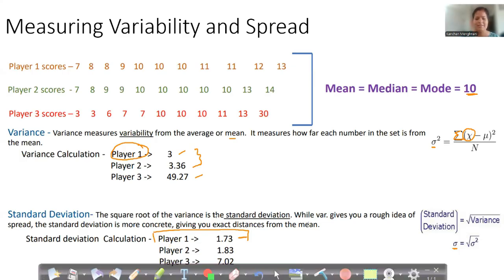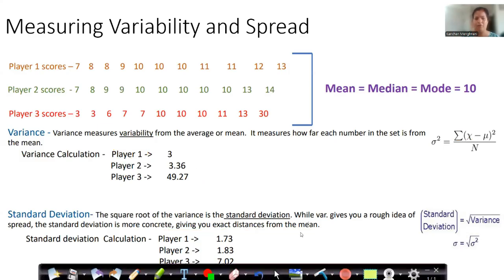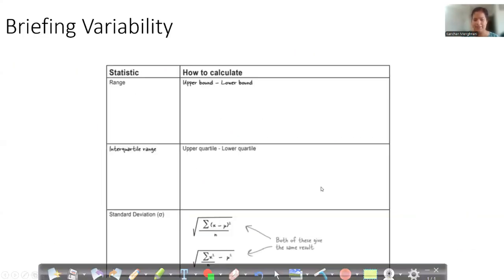So let's take a quick recap of the measures of variability and spread. We studied range, which is just highest value minus lowest value. We looked at interquartile range, which is upper quartile minus lower quartile, Q3 minus Q1.